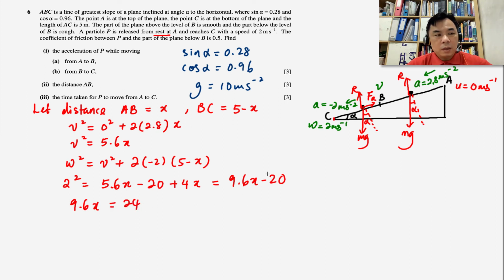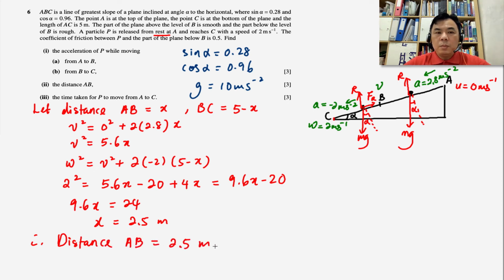So 24 divided by 9.6. All right, so the distance AB is 2.5. Therefore, we conclude that distance AB is equal to 2.5 meters. All right, so I hope that is clear. I'm going to pause here.